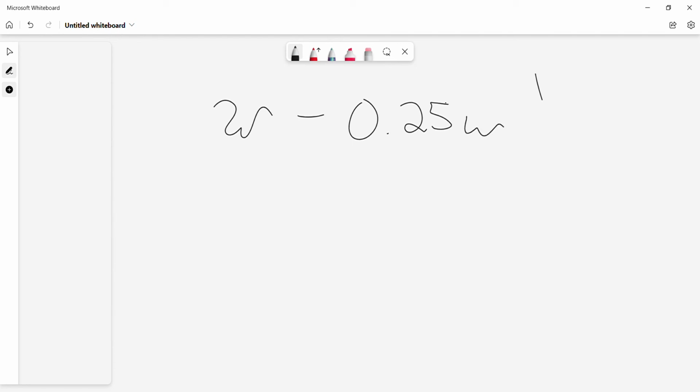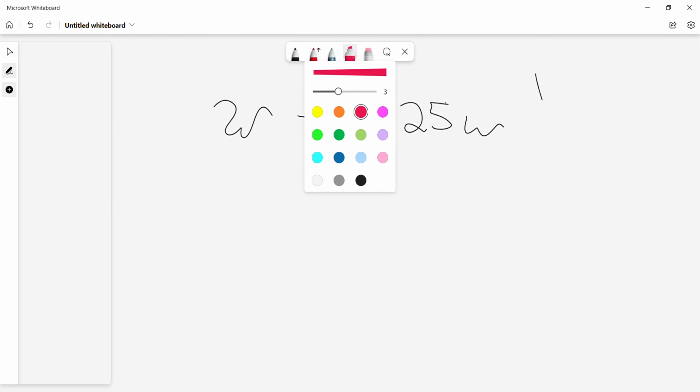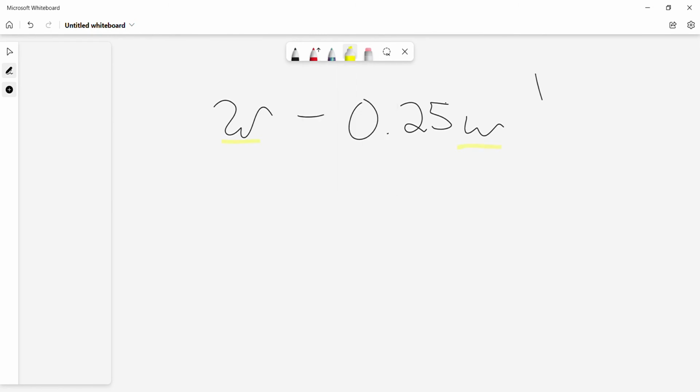Once again, these are like terms because there are 2 terms. I have W and I have negative 25 hundredths W. So those 2 terms can be combined. What's 1 minus 0.25, because remember the coefficient of this is 1?